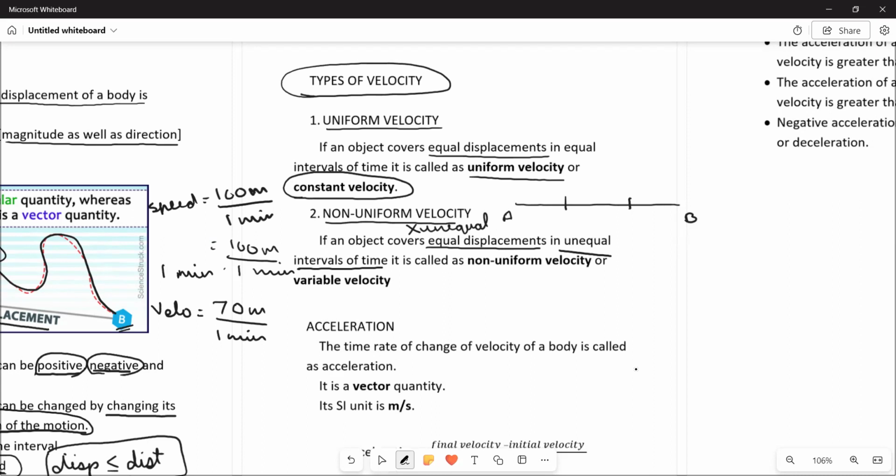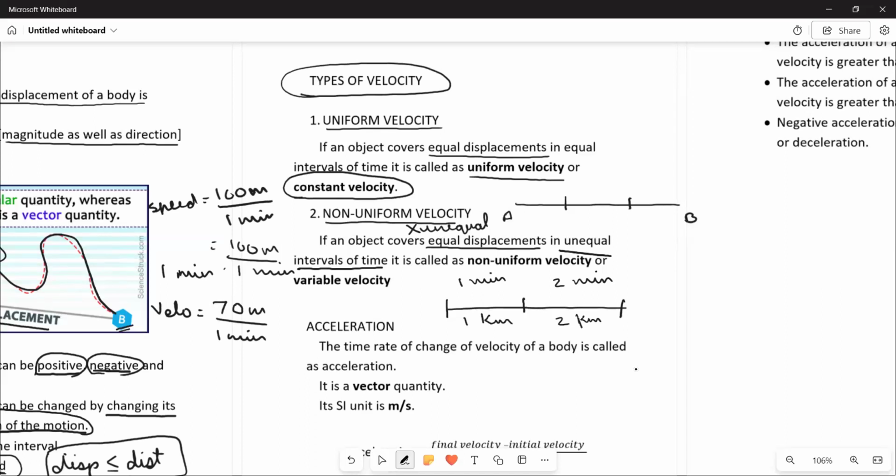For example, say this is our total journey and we break it into two parts. In the first 1 minute, we covered 1 kilometer, and in the next 2 minutes, we covered 2 kilometers. So now our displacements are unequal and our intervals of time are also unequal.